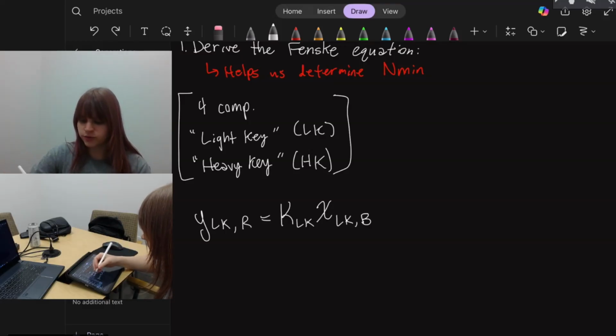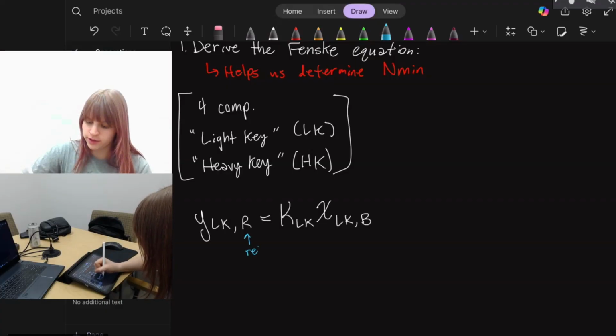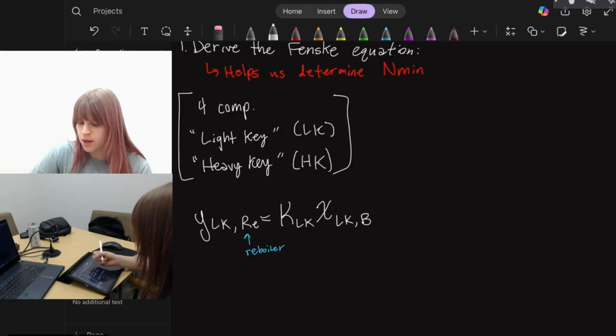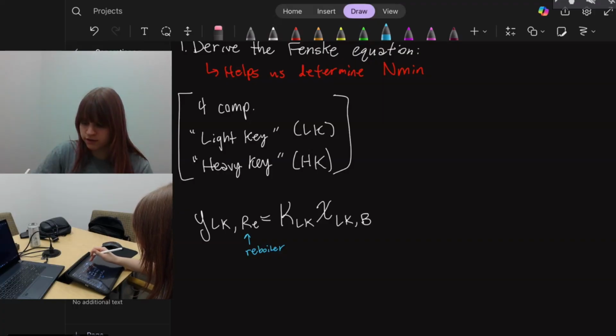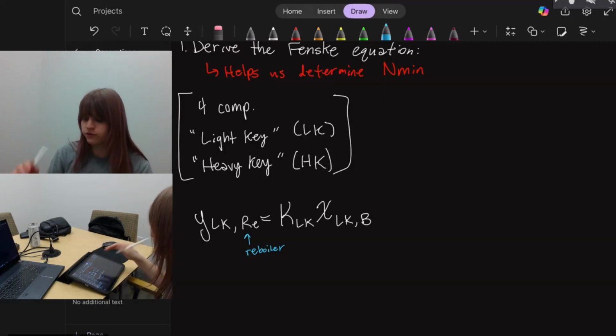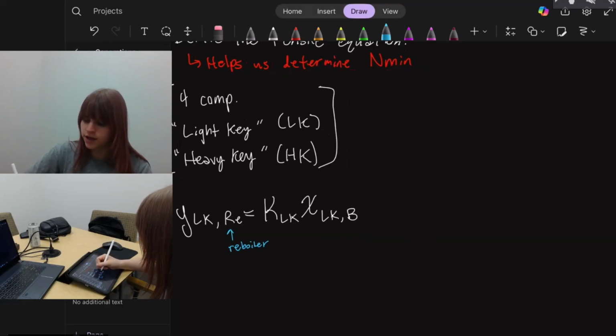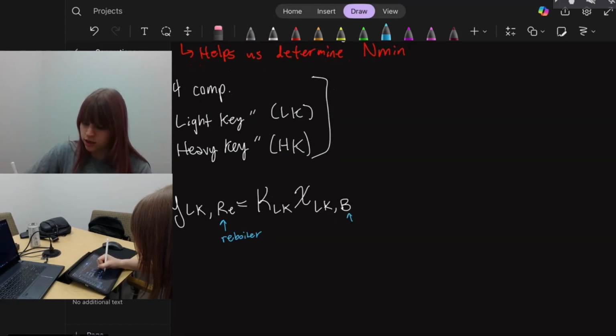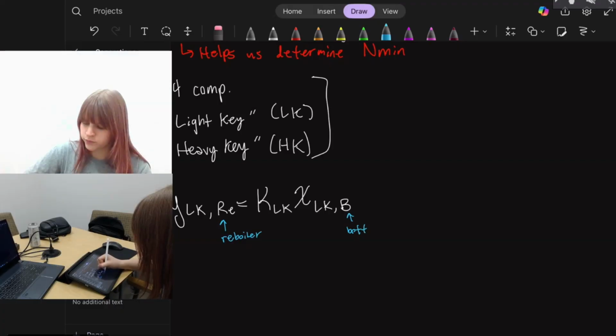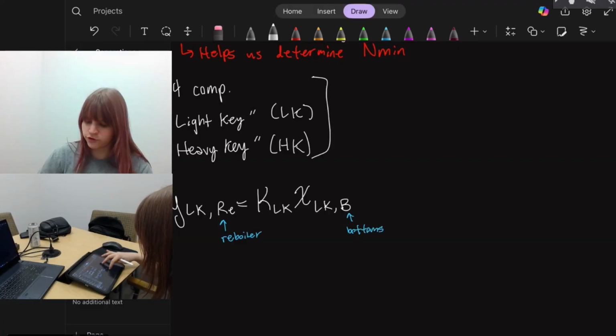So our first equation, we have the vapor composition of the light key in the reboiler. I'm going to label that as RE because I don't want to confuse that with reflux. So that is equal to the partition coefficient of the light key times the liquid composition of the light key in the bottoms. That's our first equation right there.